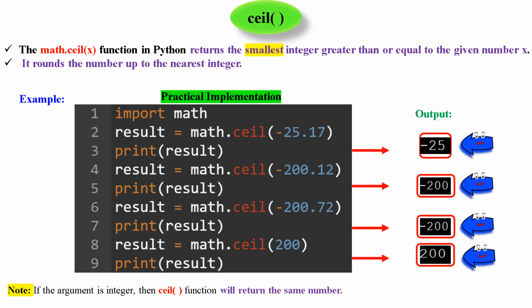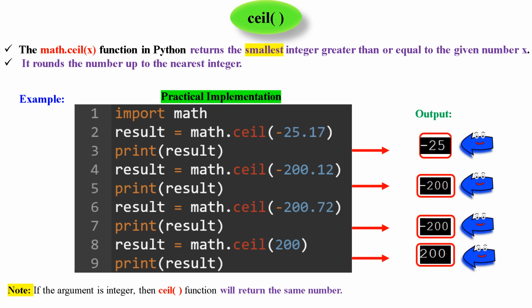In line 4 and 5, the math.ceil function is called with the argument -200.12. The function returns the smallest integer greater than or equal to -200.12, which is -200 and is printed to the console. In line 6 and 7, the math.ceil function is called with the argument -200.72.